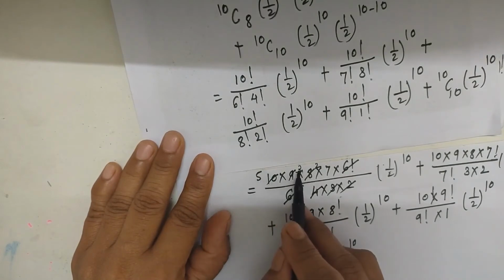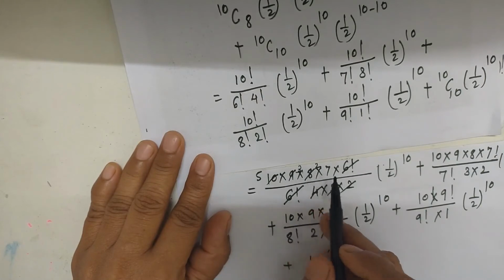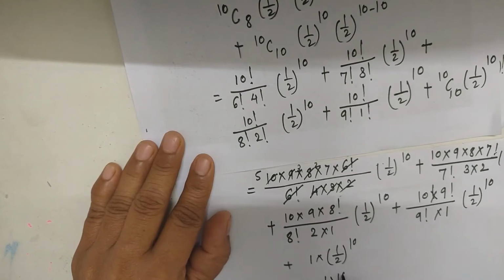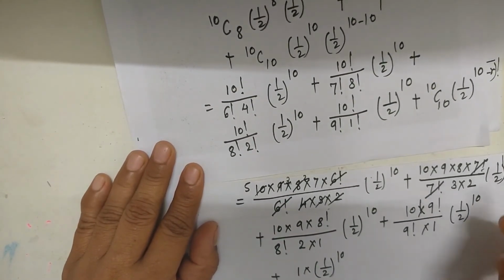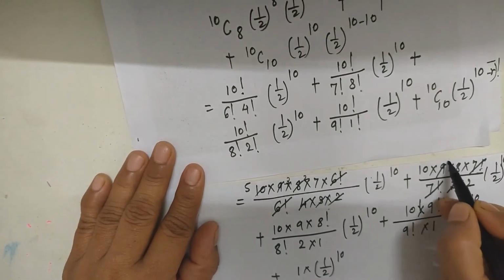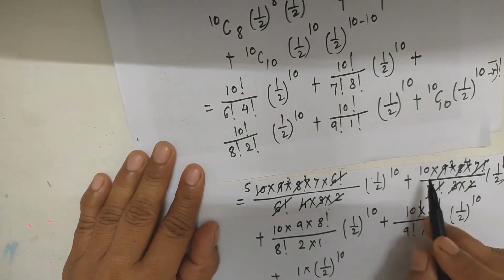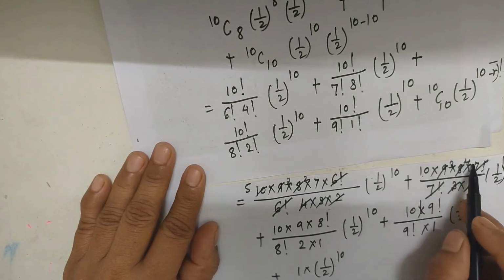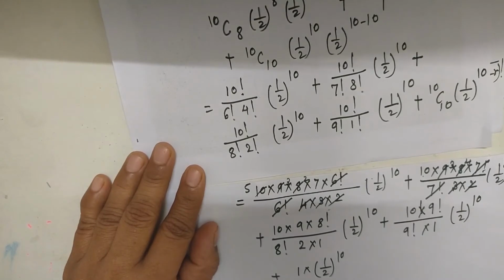So 5 into 3 is 15, into 2 is 30, into 7 is 210, into half raised to 10, plus the second term, 7 factorial will be cancelled. 3 into 2, 3 3s are 9, 4 2s are 8, and calculation of these remaining terms, 10 into 3 is 30, into 4 is 120, into half raised to 10.